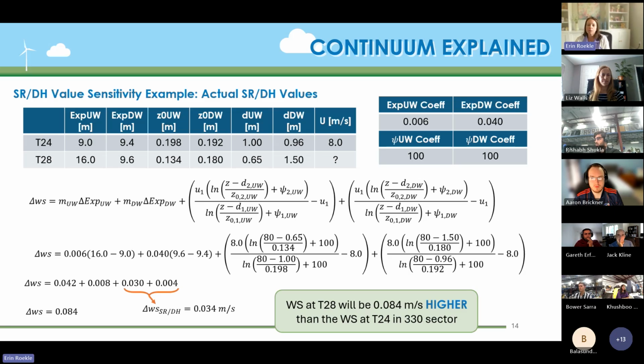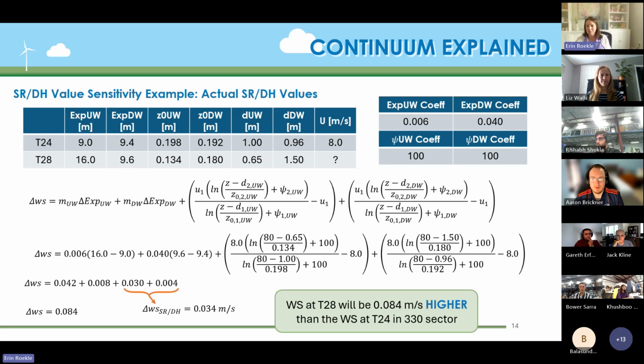So we're going to assume we had a Met Tower right at T24, and we measured a wind speed of 8 meters per second. On the table to the right, those are all of our coefficients that we determined beforehand. So we bring back that big equation, not as scary as it looks, but there's a lot going on in it.